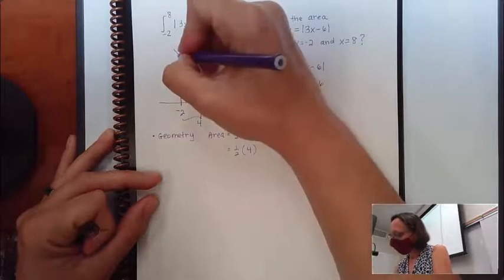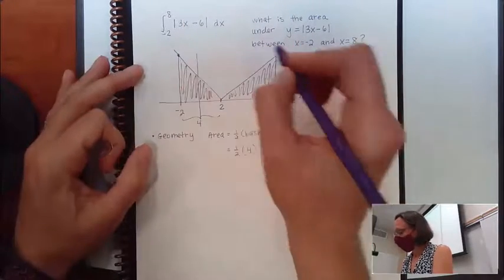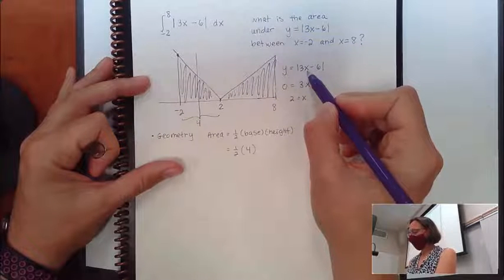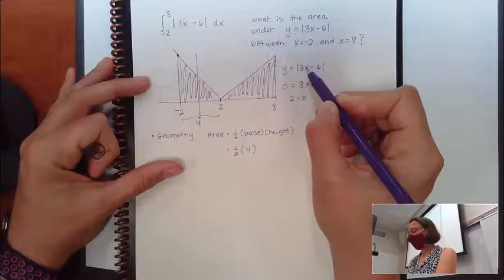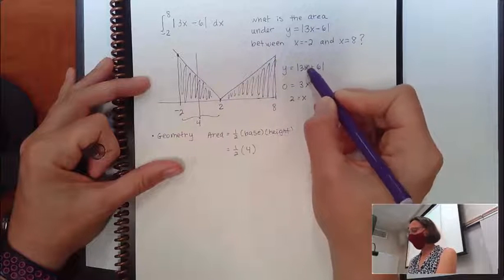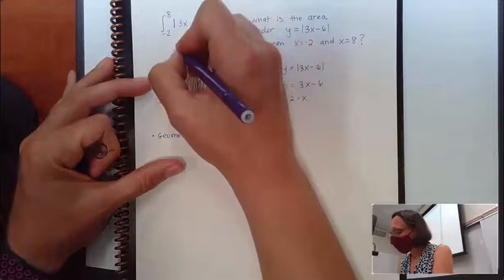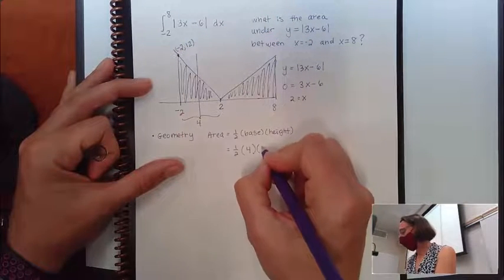And to get the height, I need to plug -2 into the function. So 3 times -2 is -6. -6 minus 6 is -12, but it's inside of an absolute value. So that means at -2, it's 12. So my height would be 12.